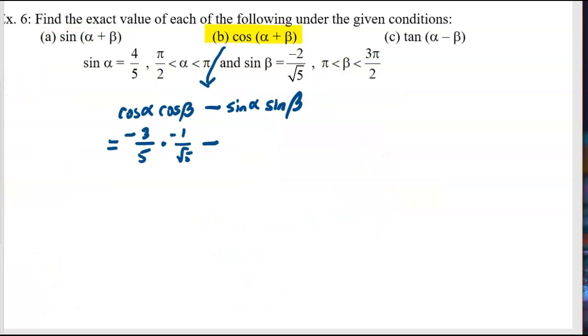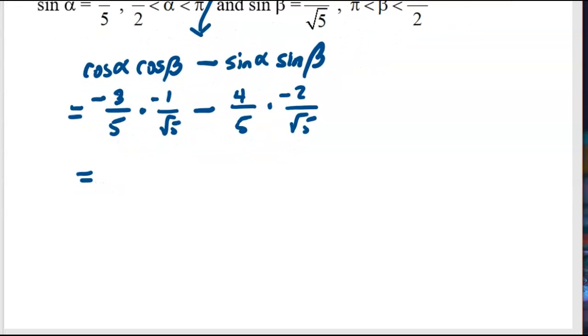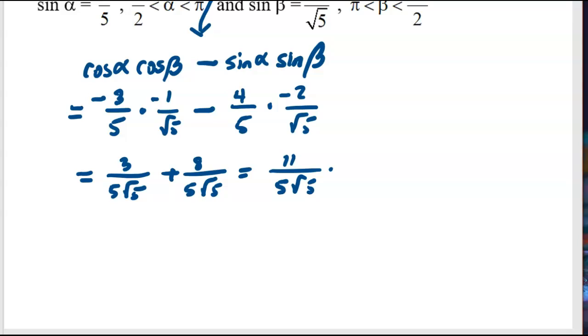And then you have minus sine of alpha is given. That's 4 over 5, times sine of beta is given, negative 2 over root 5. So now we simplify just like before. 3 over 5 root 5 plus, be careful with the arithmetic, 8 over 5 root 5. 3 plus 8 gives us 11 over 5 root 5.